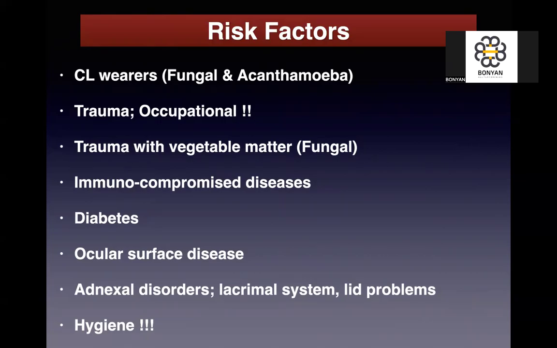The fungal, because of the wetting of the contact lens and the container, if it's not cleaned properly and thoroughly all the time, it may develop fungal colonies. So contact lens wearers are prone to corneal ulceration.